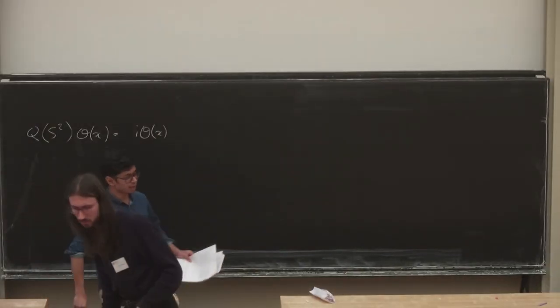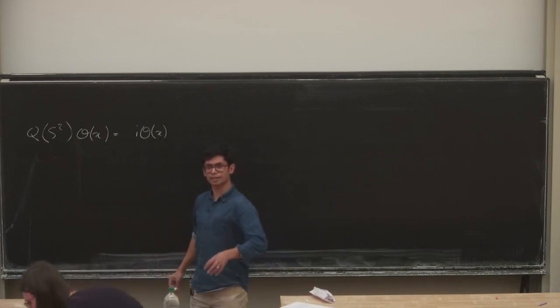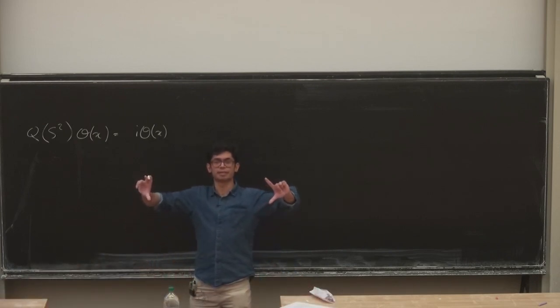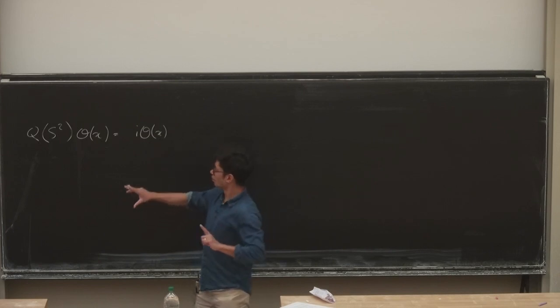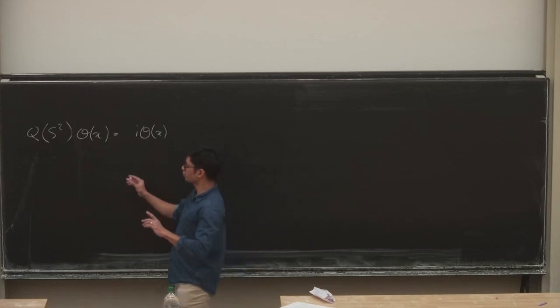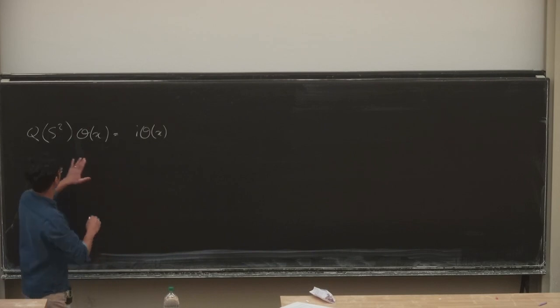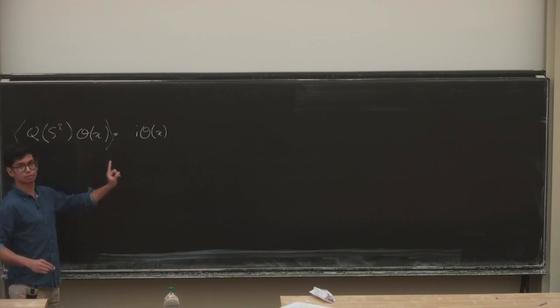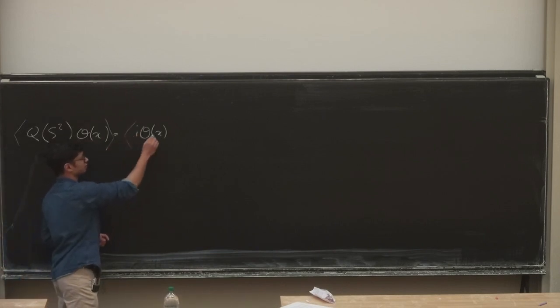Yeah. So the truth is, you can really view this as an equation that holds within the path integral. What this is saying is that if you compute in the path integral, for example, this expectation value, which is a very well-defined thing to do in the path integral, then it will always be equal to this expectation value.